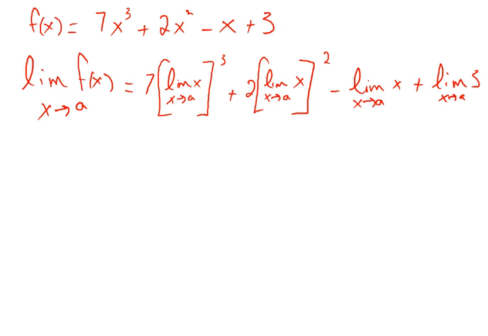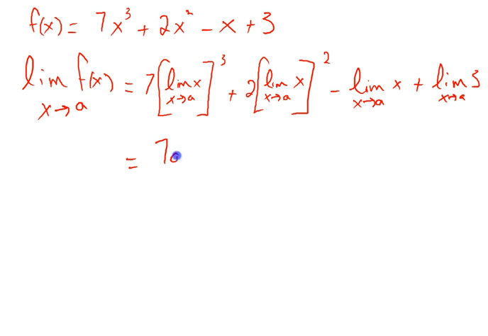Now, in all honesty, I'm not going to require you to actually write these out, but I'm doing it now just to demonstrate it so you can see it visually. Really, you're going to end up doing things like this in your head. What this allows us to do is break things up piece by piece. Well, the limit of x as x approaches a is simply a.